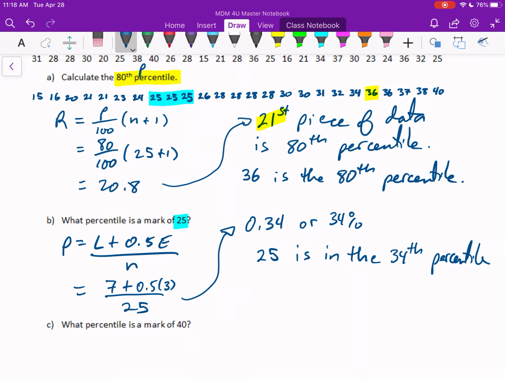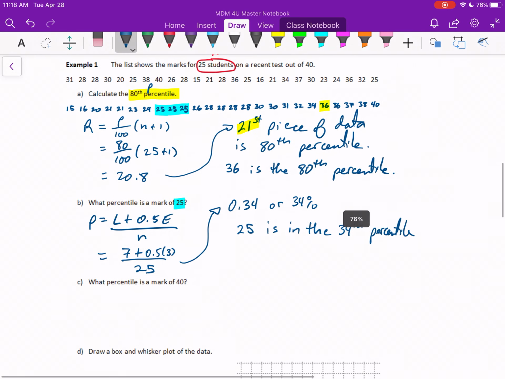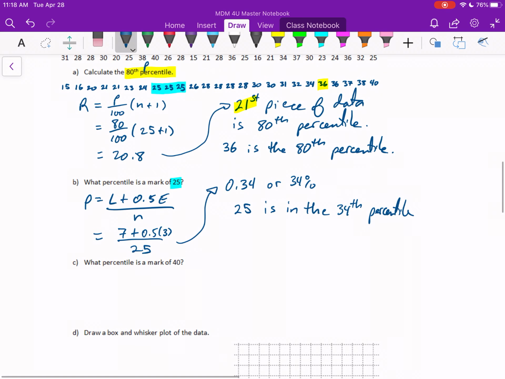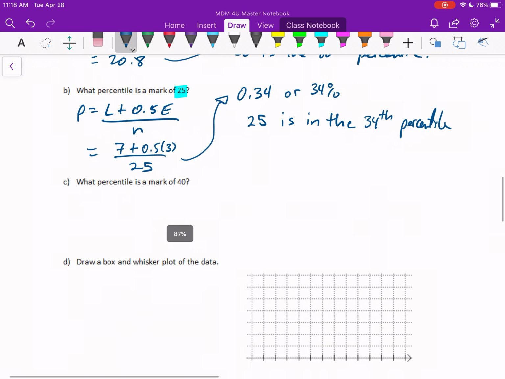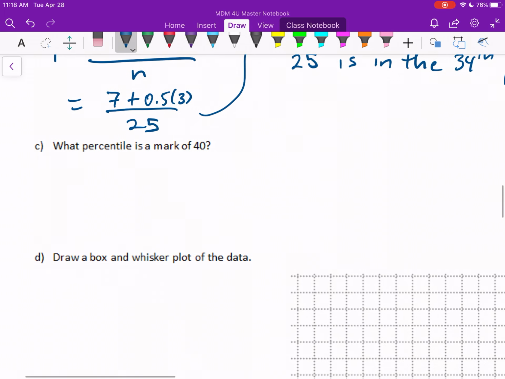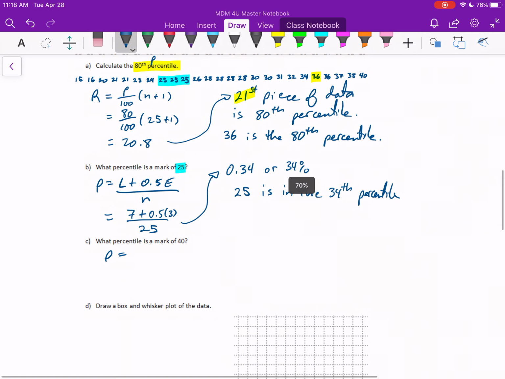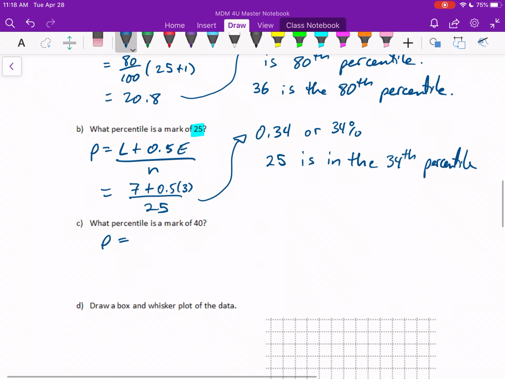What percentile is a mark of 40? Well, that's the highest mark, right? But it doesn't mean it's in the 100th percentile because we still have to use the formula. So to find out what the percentile is, we'll go back to this formula. As I said, 40 is the highest mark. If we take a look at the list, we know there's 25 numbers there, so there's going to be 24 that are lower than 40.